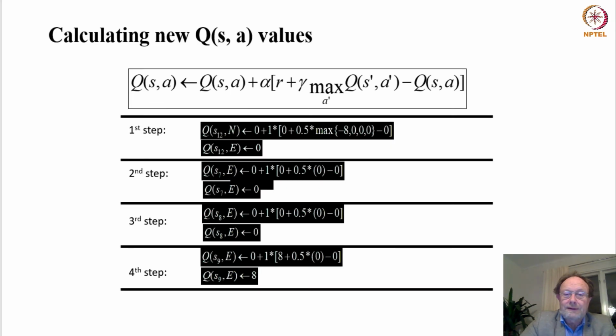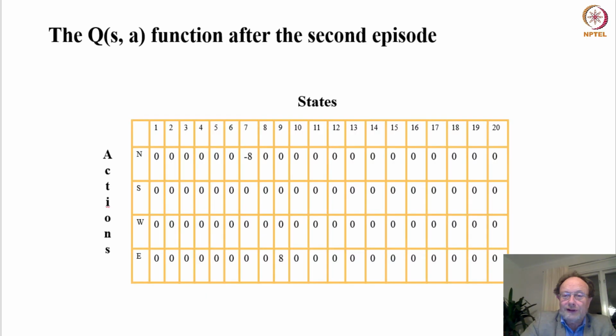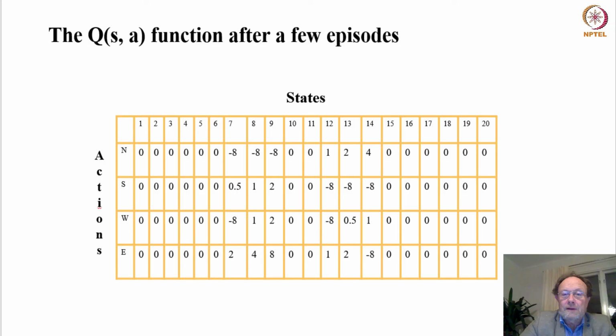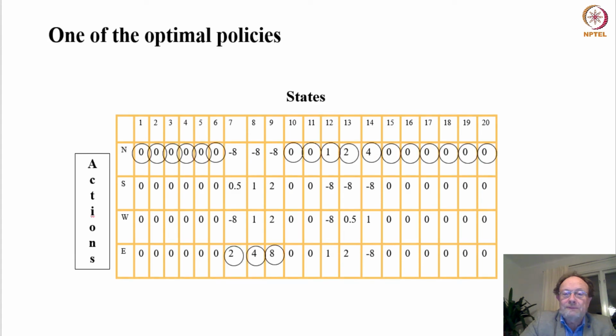Then we can make a similar calculation, and we also end up with a new Q value in another position. This is how it goes on, and we can take more episodes, and the values will change. Gradually, this table will take shape.